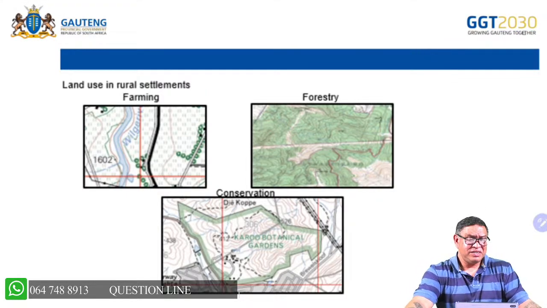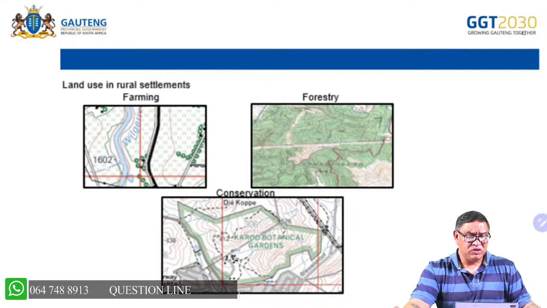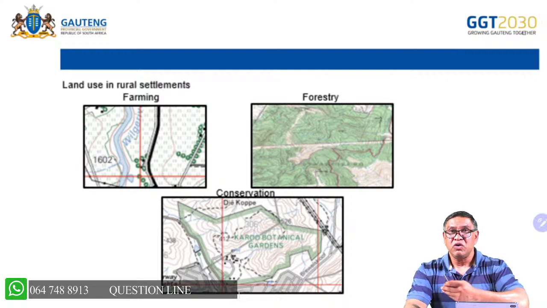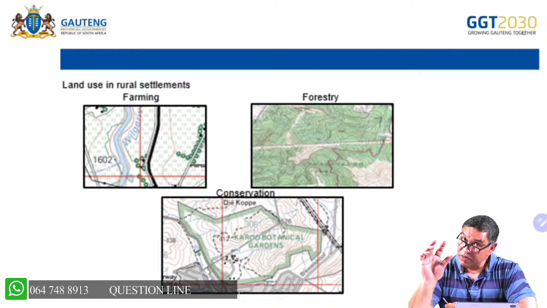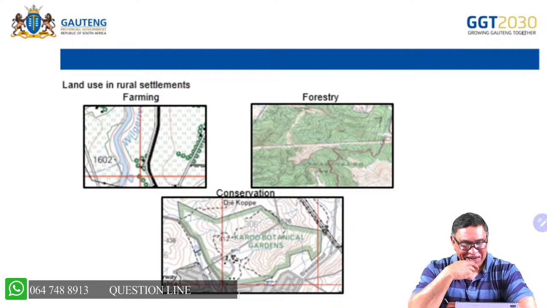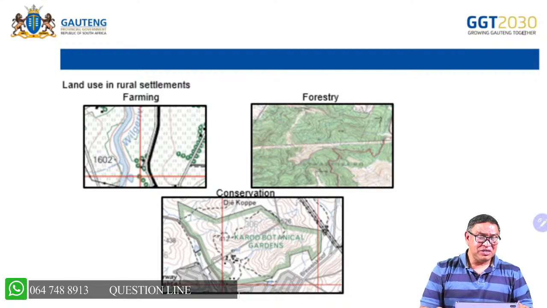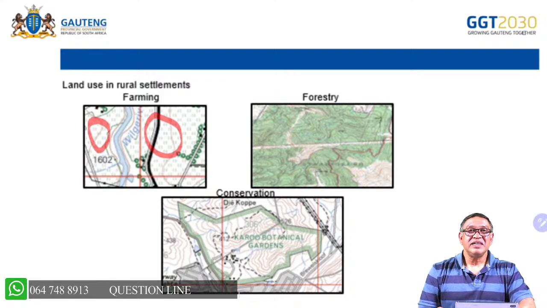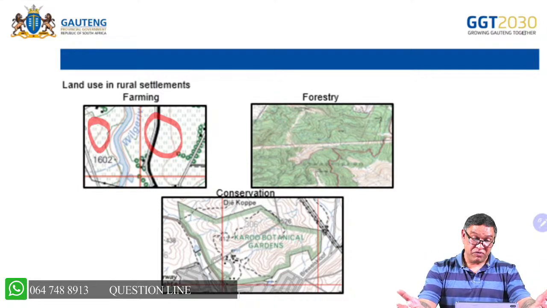Look at this, learners. Land use in rural settlements. You know what land use is. According to your curriculum, it talks about farming, forestry, conservation. Later on, we'll talk about land use and land use zones when we come to the urban areas. But for land use, farming, can you see here? Cultivated lands. We can be specific: what type of farming?